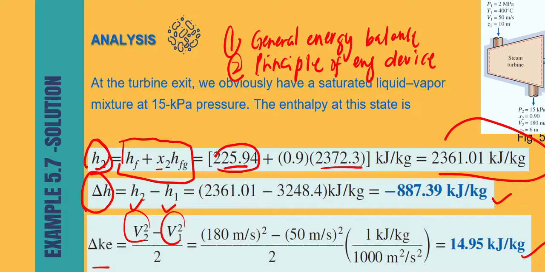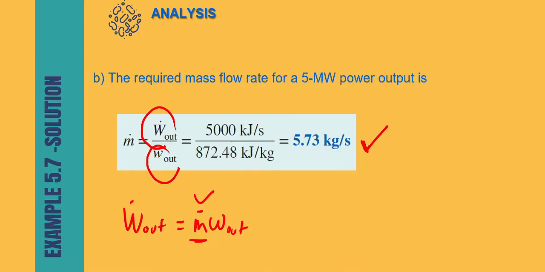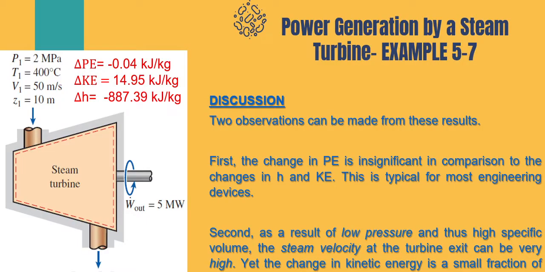And then you need to know the change of state from 1 to 2. Then only you can find the value of your enthalpy from these three values.